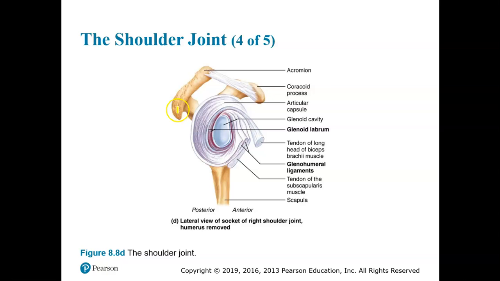One is called the acromion, and the one below that is called the coracoid process. The acromion is higher, more superior, and the coracoid process is a little bit below it. And then here you see the glenoid cavity, and you see the glenoid labrum, which means lip.